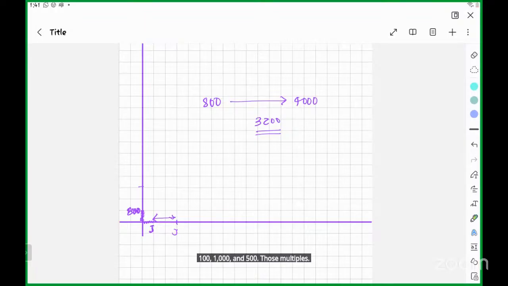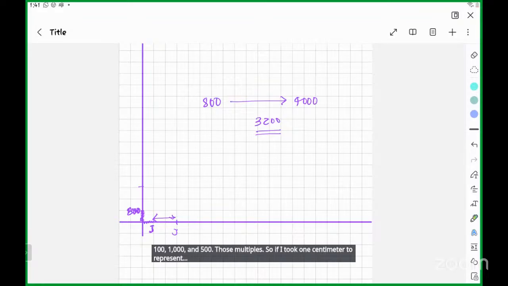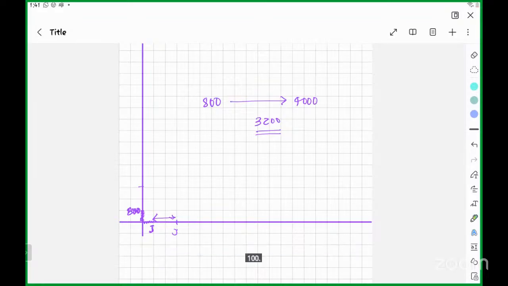So if I took 1 centimeter to represent 100, will I do that? No. If I took 1 centimeter to represent 500, what is 3,200 divided by 500? 6.4, so I need like 16 centimeters. So I can say for every 1 centimeter, let me use 200.